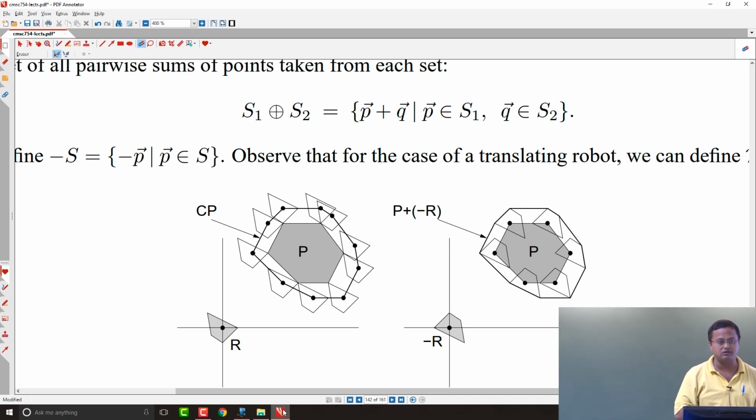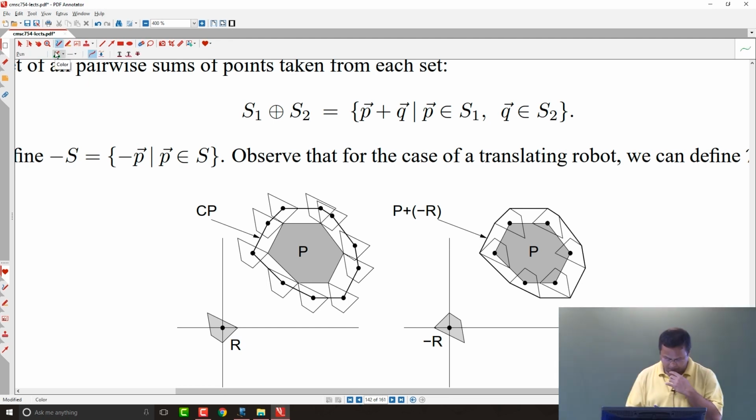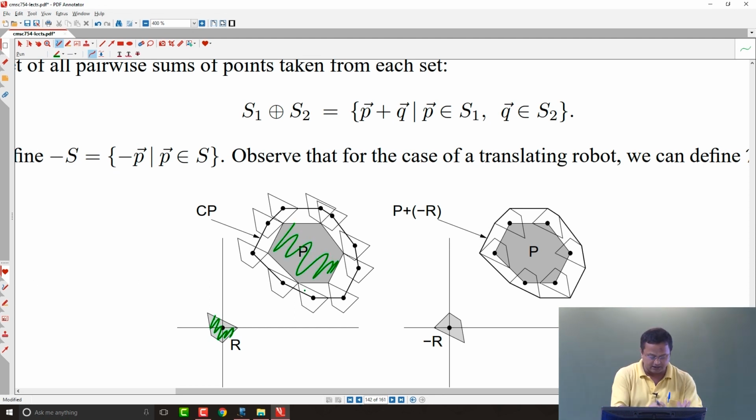It is a translation like this, no. Do it yourself, you will see. Think of this as your polygonal robot and this as your obstacle, and this is translating. So, if you look at it, this is always parallel to this, shape wise, and you have to figure this out. It is going to be very complicated.